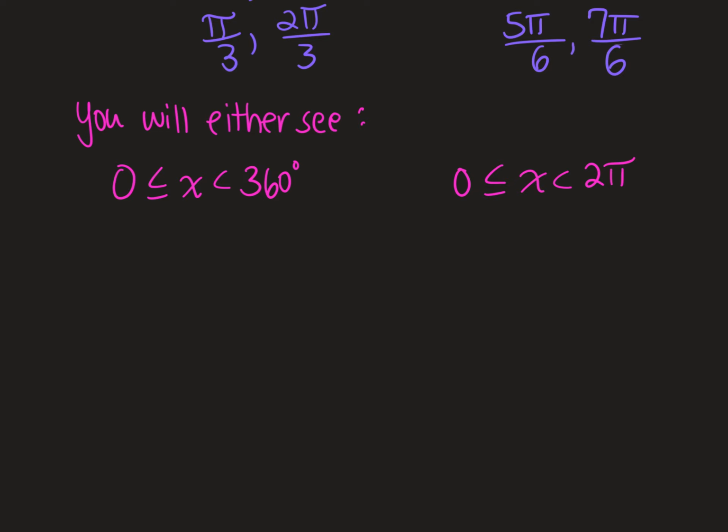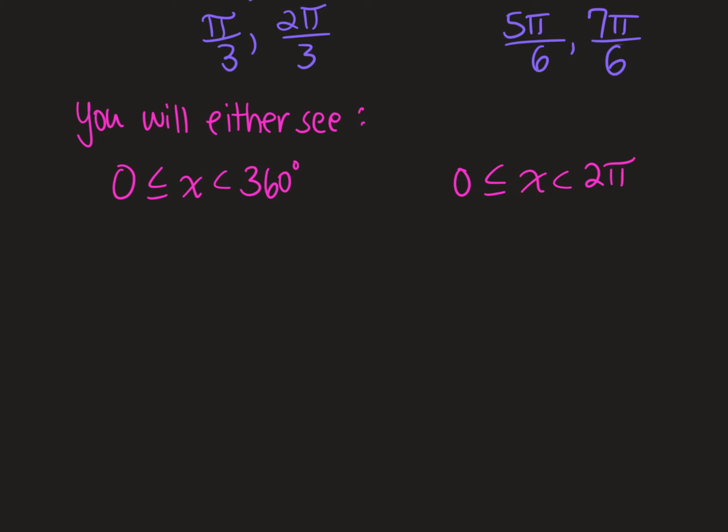So if you see it written as this, how do you think I should give my answers? So this first one. In degrees, right. So degrees for here, answers in degrees. What about the second one? In radians, right?